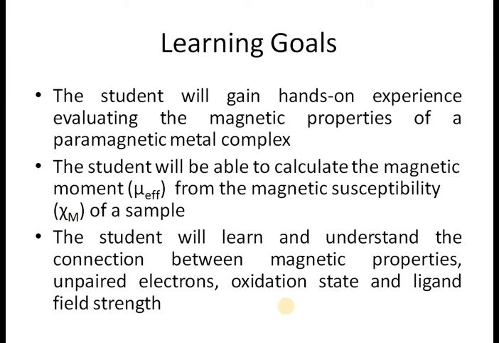Paramagnetic metal complexes have unpaired electrons. The students will be able to calculate the magnetic moment mu effective from the magnetic susceptibility.